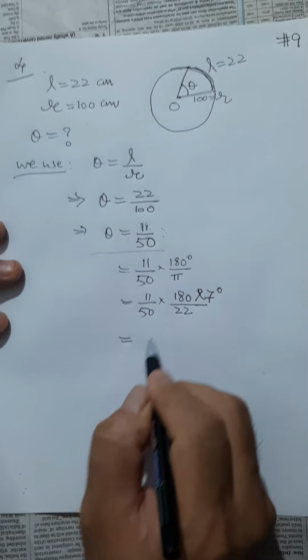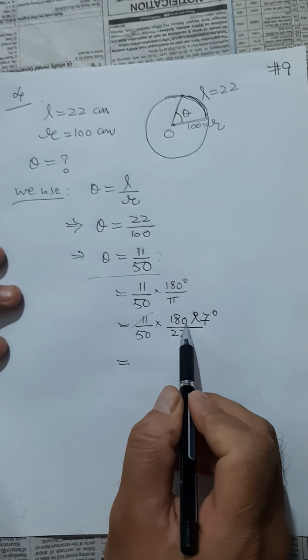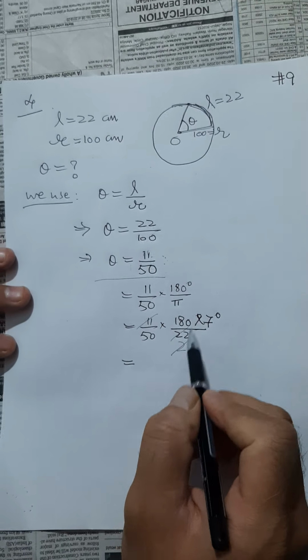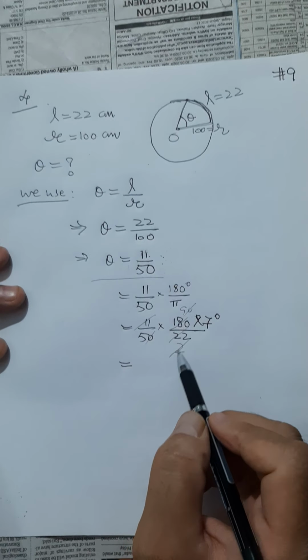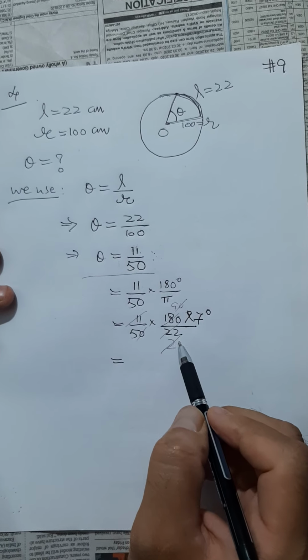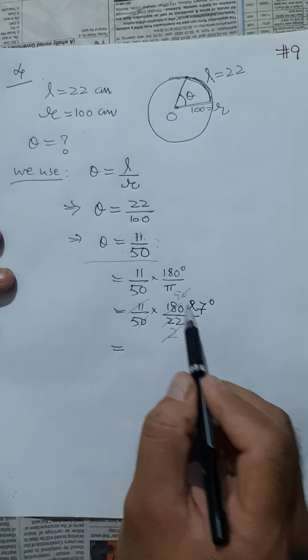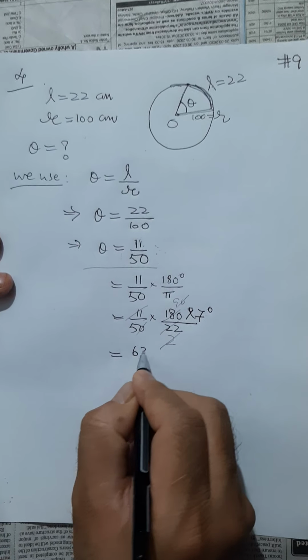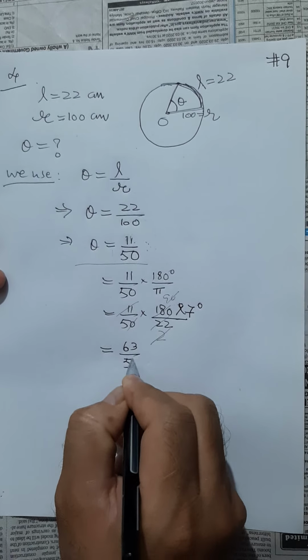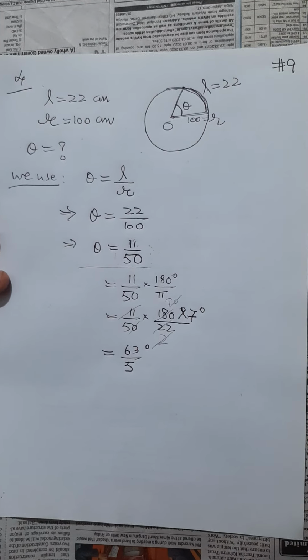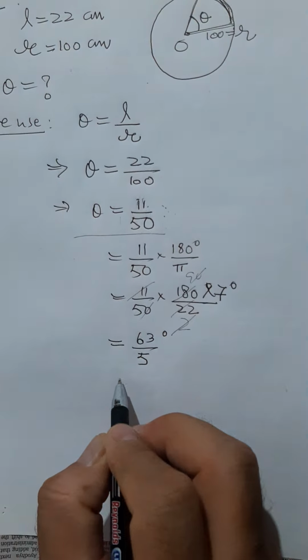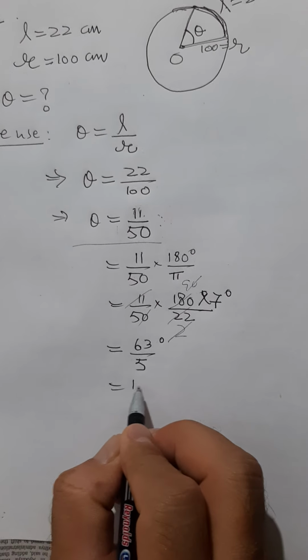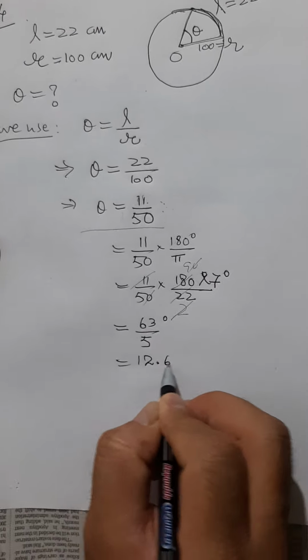Now we just simplify this. This is 2, this is 90, the zeros get cancelled. So you are just getting 9 times 7 is 63 by 5 degrees. Now we use a calculator here. If you do 63 by 5, you will get 12.6 degrees.